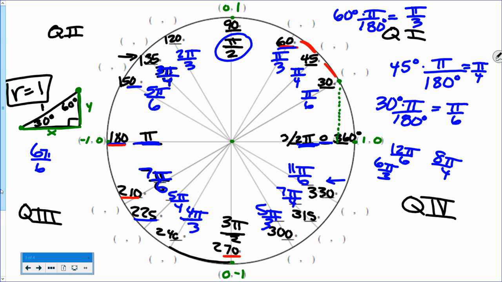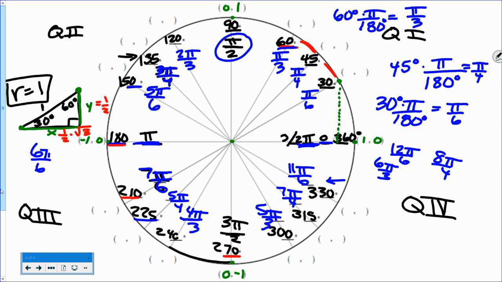We learned that the hypotenuse is double the length of the short side on a 30, 60, 90 right triangle. So that means y would have to be a half, and x would have to be 1/2 times the square root of 3, because you take whatever the short leg of that triangle is and multiply it by the square root of 3.